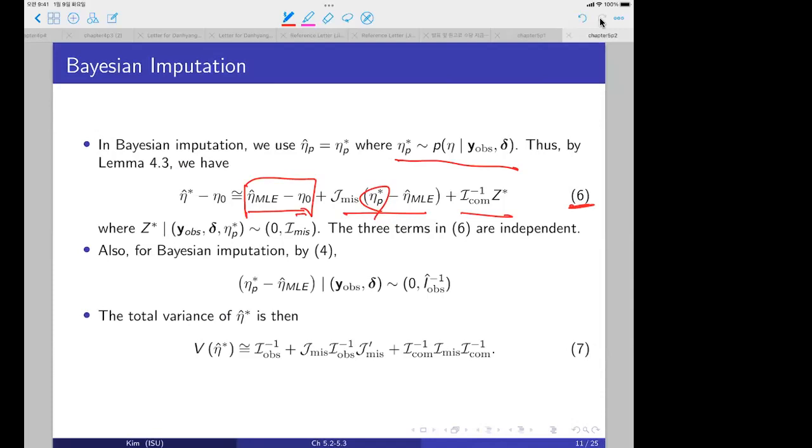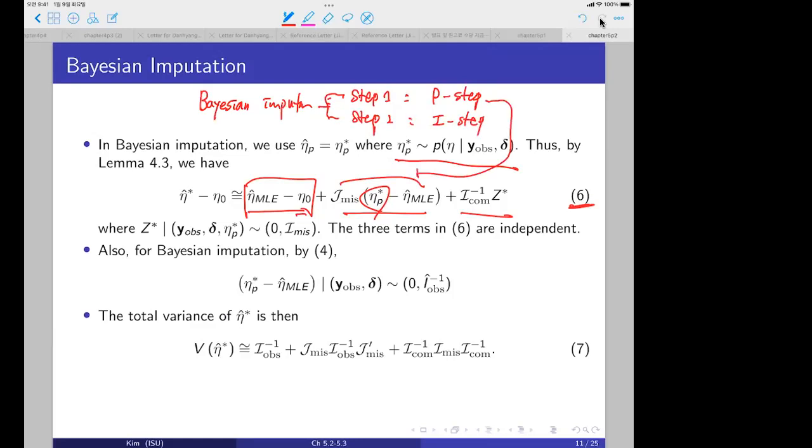Remember, in Bayesian imputation we have two randomness, two steps. Step 1 is the posterior step, step 2 is the imputation step. So this randomness is due to the P step, and this one is due to the I step.